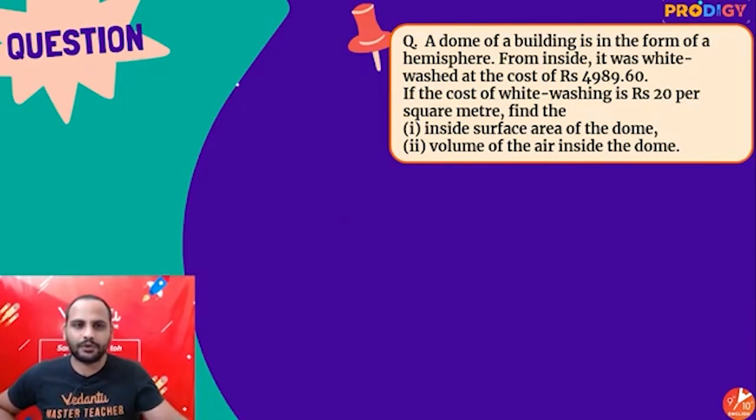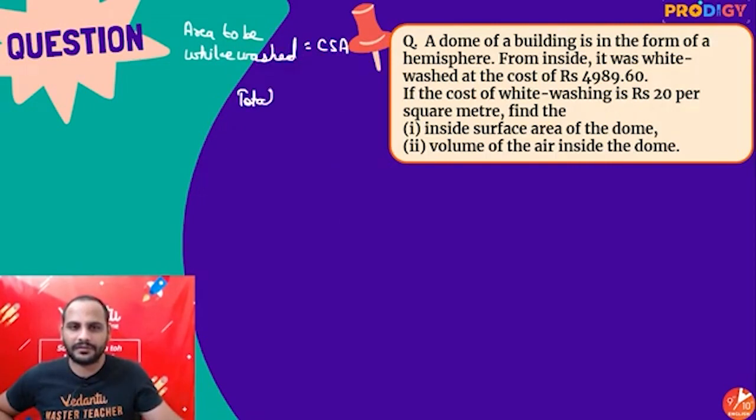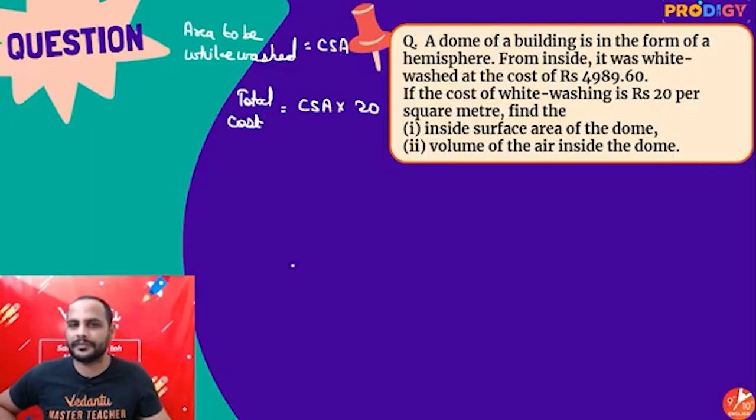Let's say the area to be whitewashed will be equal to the CSA of the hemisphere. So this total cost is nothing but CSA into the rate, which is rupees 20 per square meter. So the total cost is 4989.60.